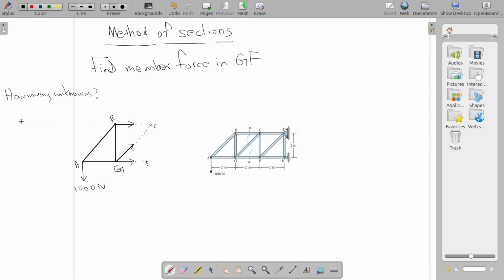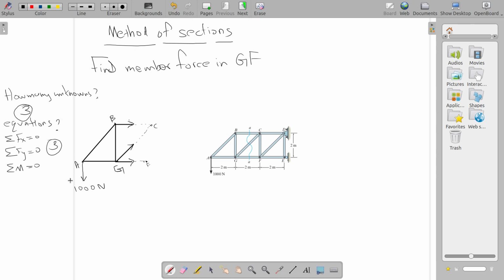GF, GC and BC. 3 unknowns. And how many equations? Net force in x direction should be 0, net force in y direction should be 0, net moment about any point should be 0. So 3 equations and 3 unknowns. So definitely we can solve it.